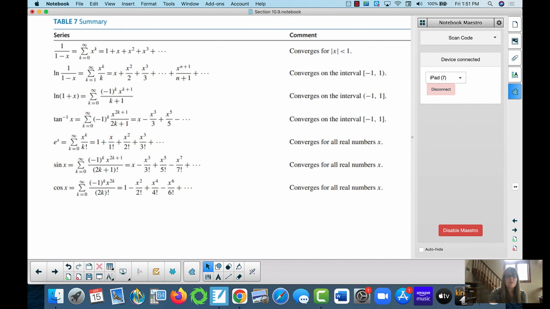This is inverse tangent, e to the x, sine of x, and cosine of x. So these are all popular ones on the AP, where they would give you something similar and you could use what you know about these series and what the Taylor series is, or what the series is that represents that function, and adapt it to the function they're giving you on the AP.